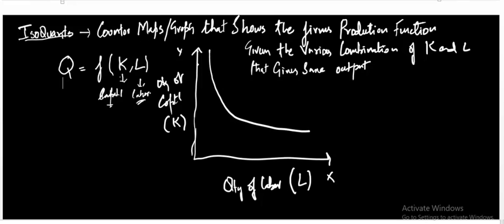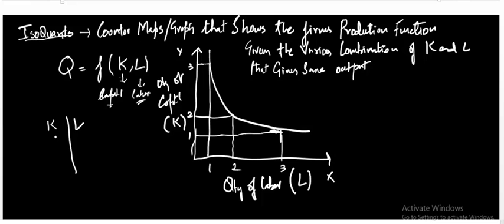Say, for example, I take this point, and this point, then this point over here. Say this is 1, 2 and 3, and this is 1, 2 and 3. So over here I'm combining 1 unit of labor and 3 units of capital.